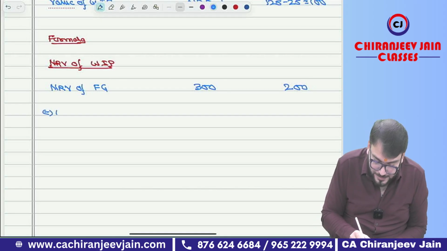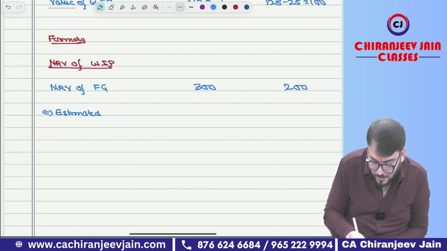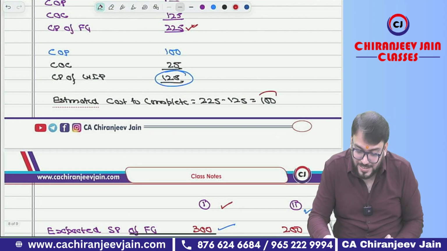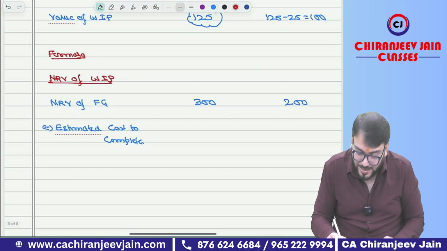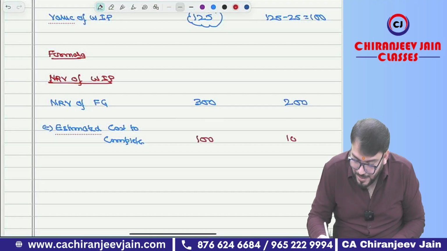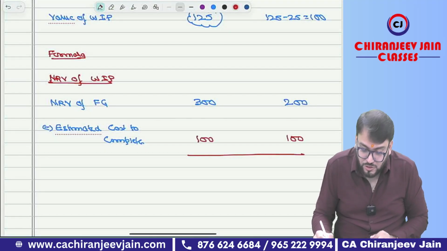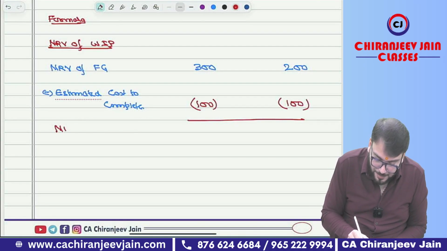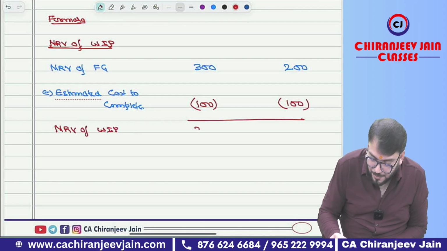From this, deduct the estimated cost to complete. So what was the estimated cost to complete? Already we calculated 100. So minus 100 and minus 100. This will become NRV of WIP. So NRV of WIP will be 200 and 100.